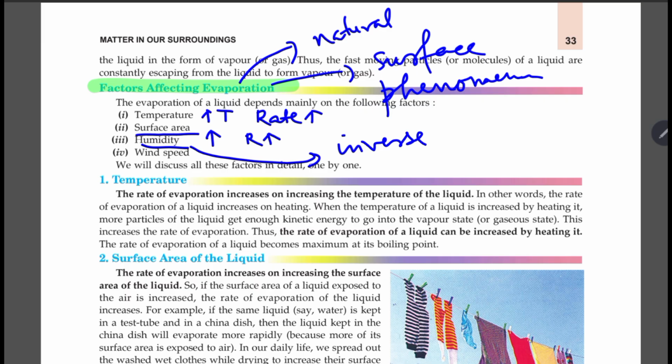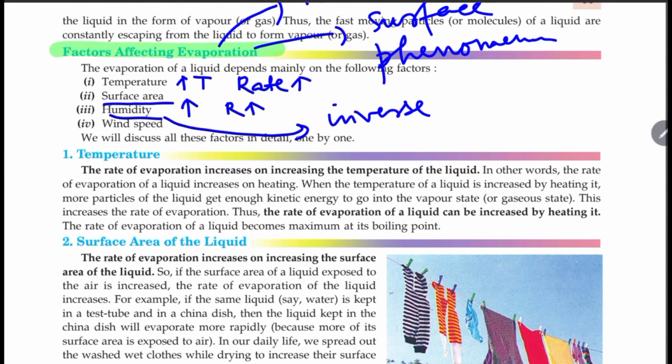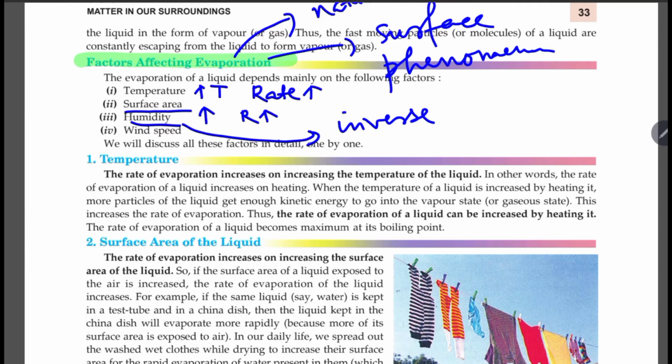So what happens in a humid day, you will see it takes more time to dry your clothes at home. But in a dry day where it is very sunny and it's dry, the clothes at home get dry faster because more water particles move to the vapor phase and the air holds those water particles.